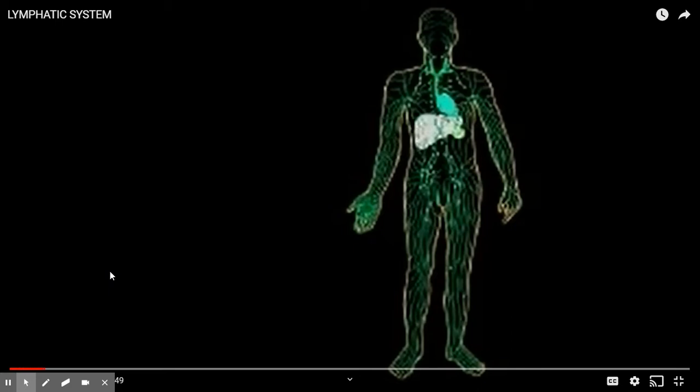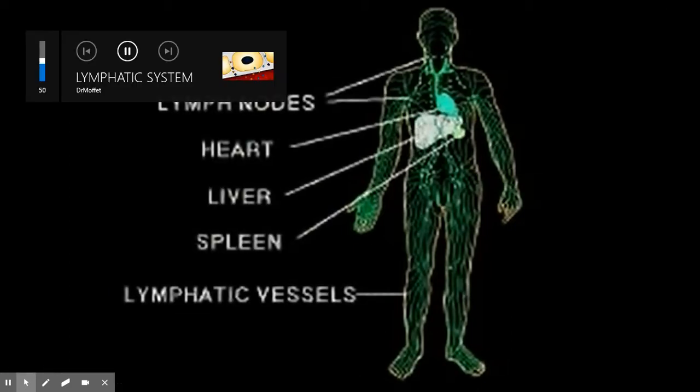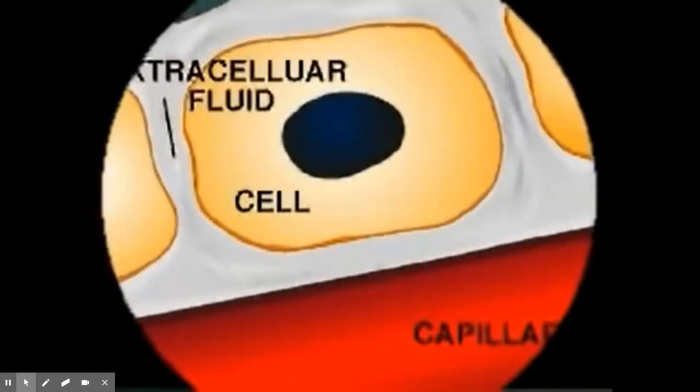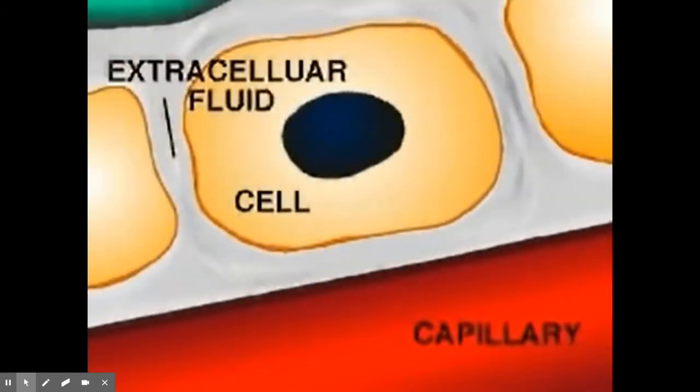The lymphatic system is a network of vessels lying adjacent to the capillaries. It aids the circulatory system in transporting fluids and is a vital part of the immune system. In and around the cells of the body, extracellular fluid collects waste products and carries nutrients and oxygen to the cells. Some of the fluid travels through the capillaries.